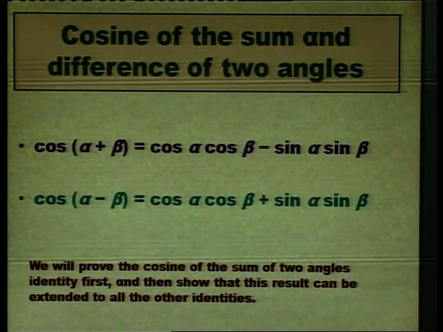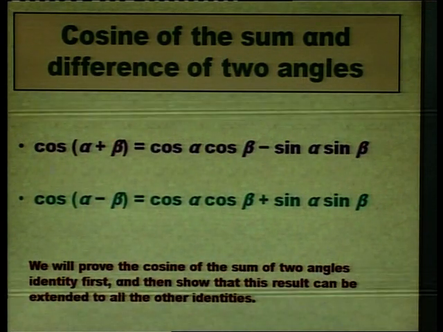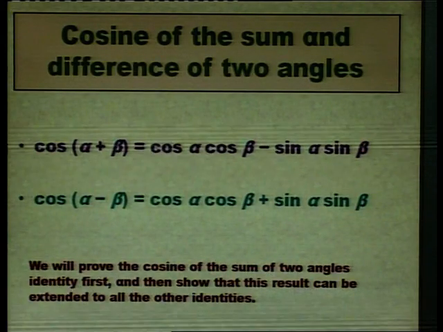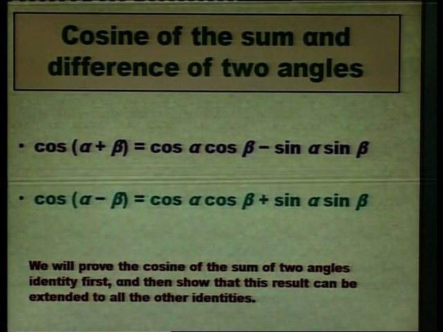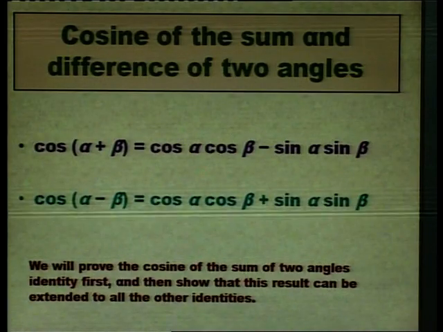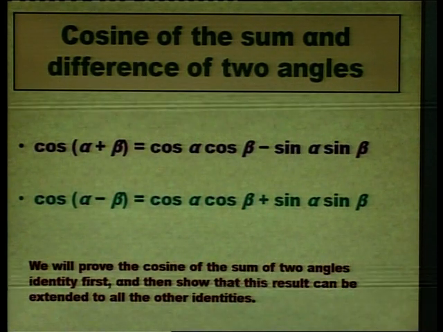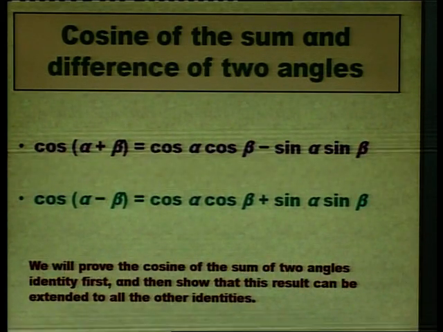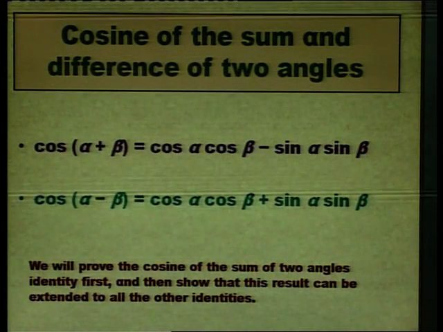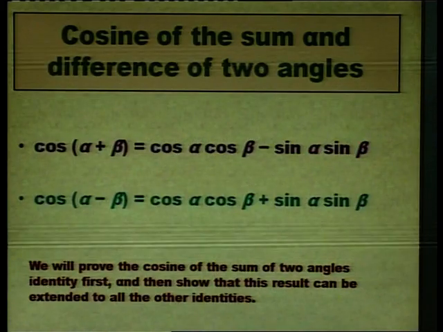The corresponding formula for cos of alpha minus beta can be obtained very easily by replacing beta by minus beta, and that will turn out to be cos of alpha minus beta is equal to cos alpha cos beta plus sin alpha sin beta.